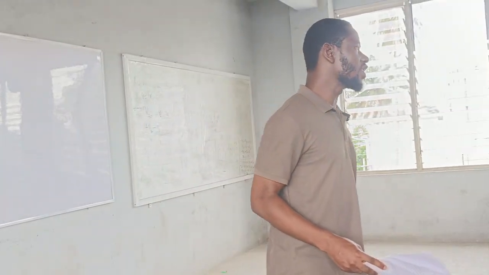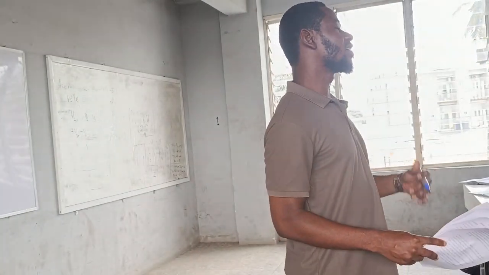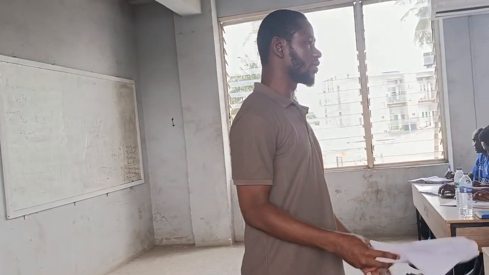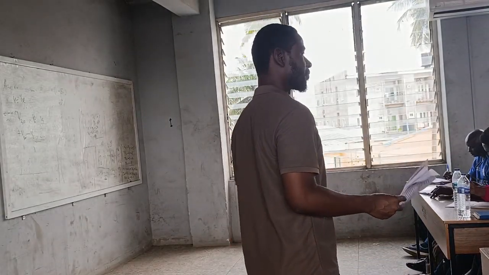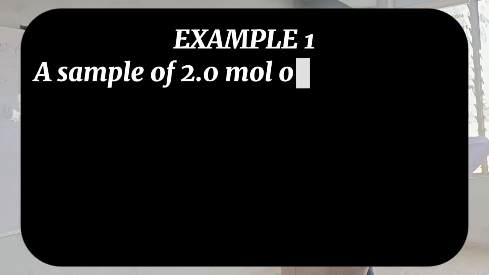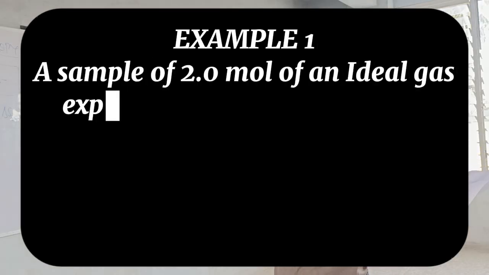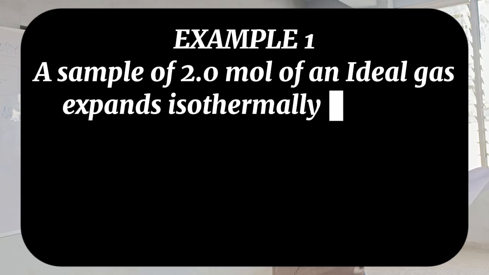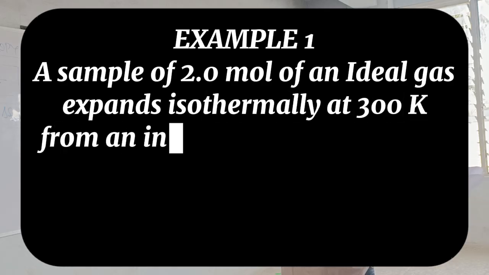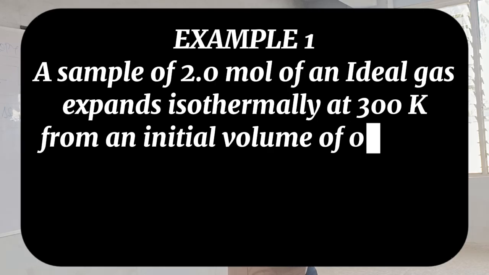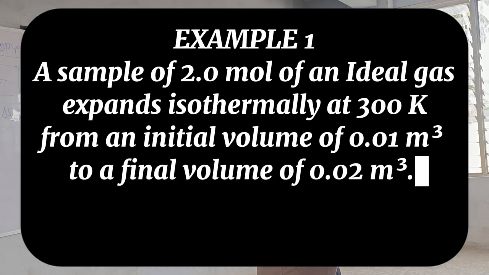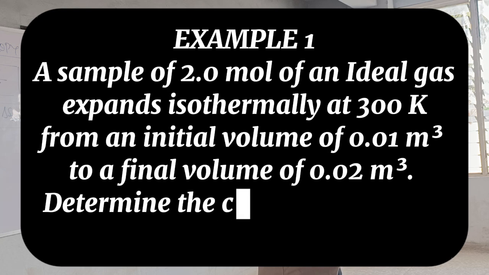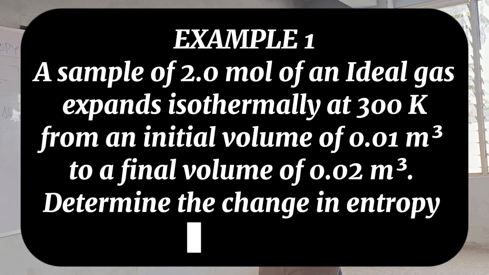Now, let's solve some simple problems before we graduate to more complex ones. Let's just solve two simple problems. Finite temperature difference. Example 1. A sample of 2.0 mole of an ideal gas expands isothermally at 300 Kelvin from an initial volume of 0.01 meter cube to a final volume of 0.02 meter cube.